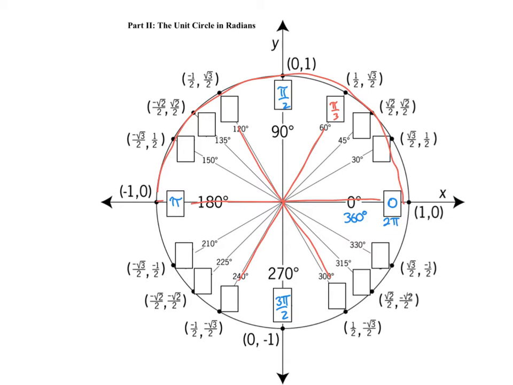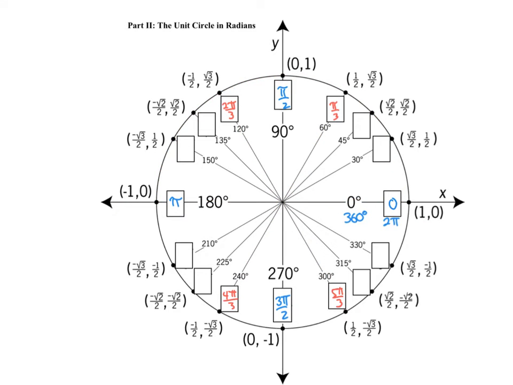Add another pi over 3, we get 2 pi over 3 in quadrant 2, and then 3 pi over 3 reduces to pi. Next would be 4 pi over 3 at 240 degrees, 5 pi over 3, and 6 pi over 3 reduces to 2 pi.